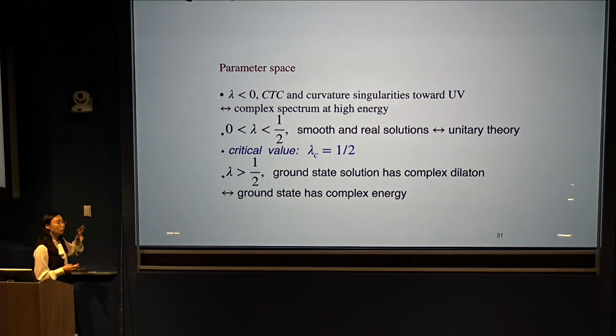So you cannot really go all the way to the boundary. And if we are in the safe region where lambda is between 0 and a half, then we'll have these black hole solutions. And of course, there is a critical value, lambda equals a half.